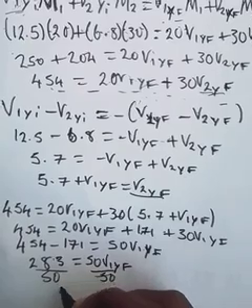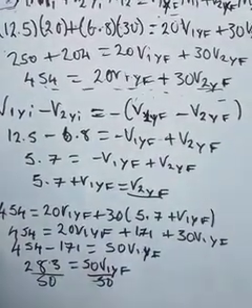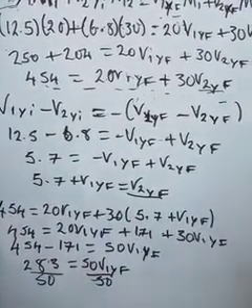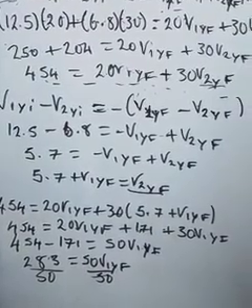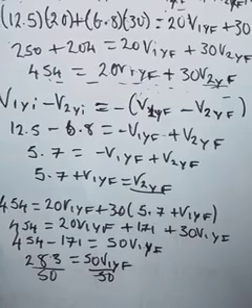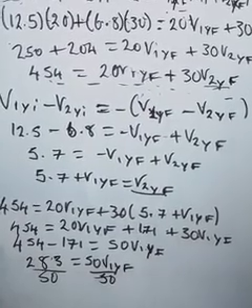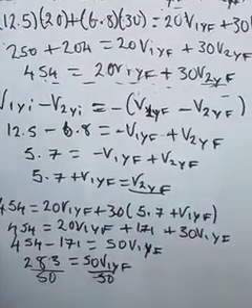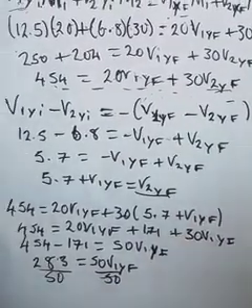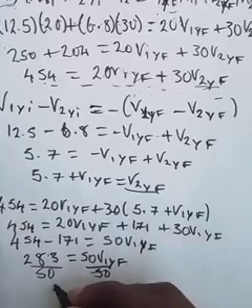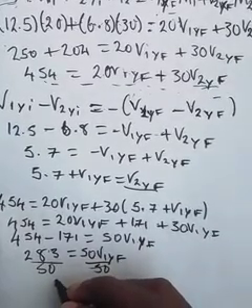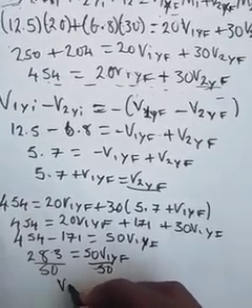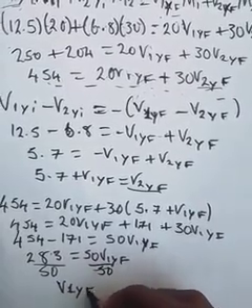So now divide through by 50. And we're getting, yeah, it's correct. We are getting what?